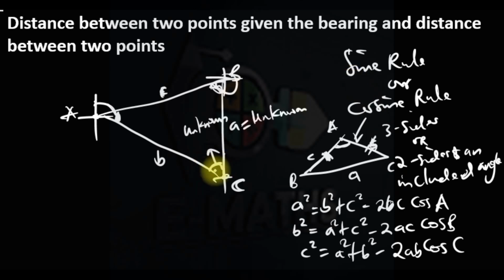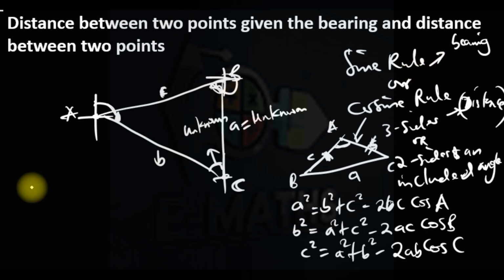And again, you might be asked to find the bearing of the third point, because we are given bearing of 2 points and the distance between 2 points. So cosine rule is used to calculate the distance, while sine rule helps to calculate the bearing.